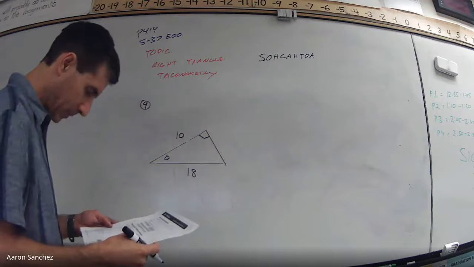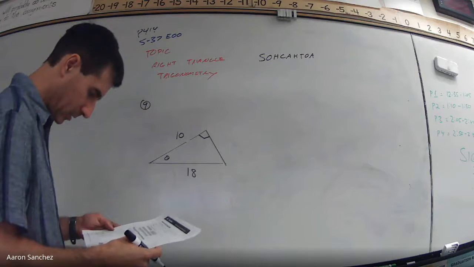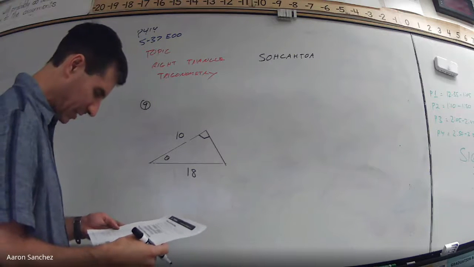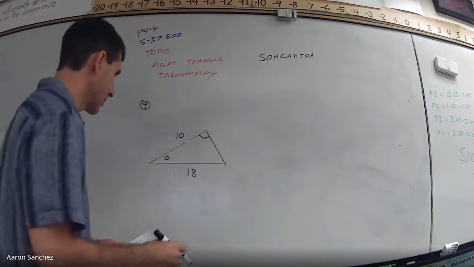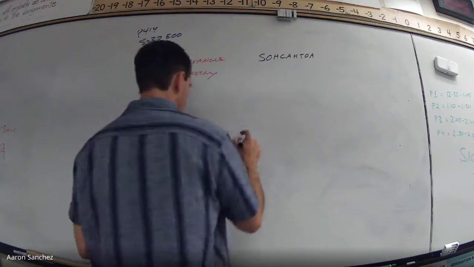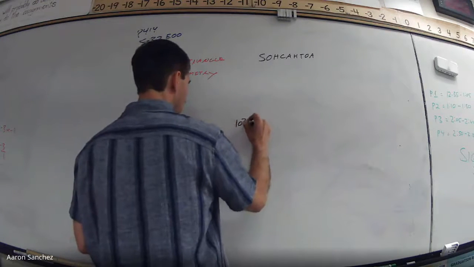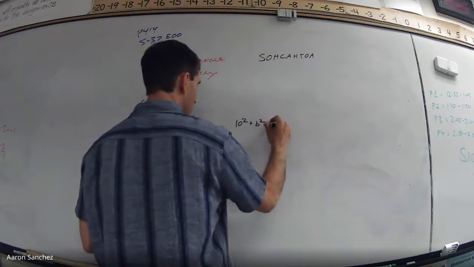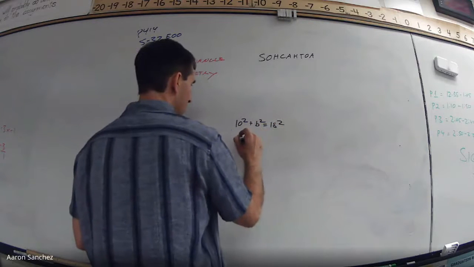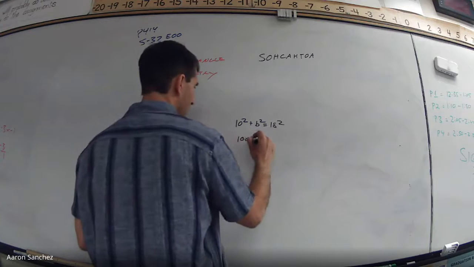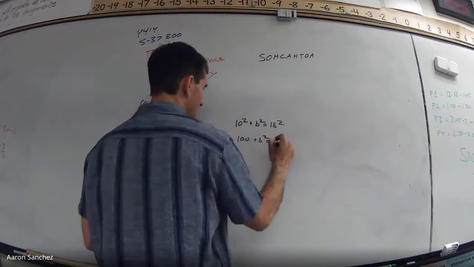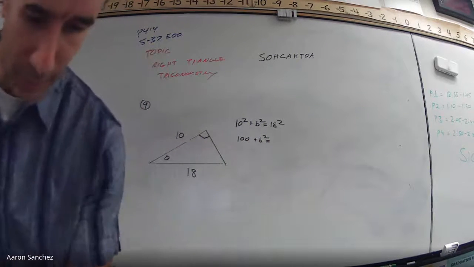Okay, so I'm going to say 10 squared plus b squared equals 18 squared, which is 100 plus b squared equals 18 times 18. What's that?